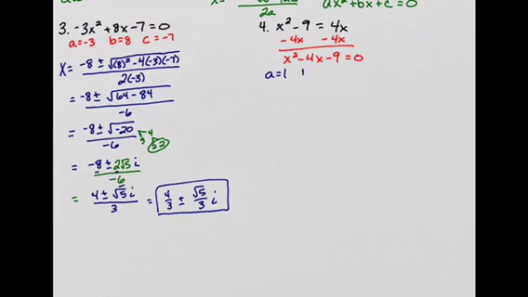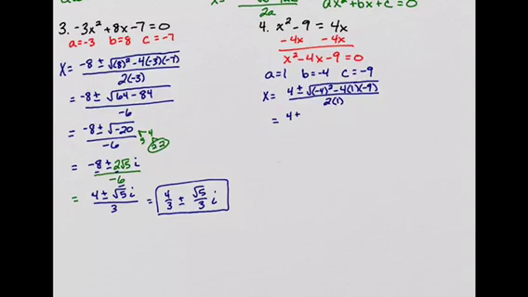So this time a is 1, b is negative 4, and c is negative 9. So when I plug it in, I get negative b, so the opposite of negative 4, or negative negative 4, would be a positive 4, plus or minus the square root of b squared, so I get negative 4 squared, minus 4 times a, which is 1, times c, which is negative 9, all over 2 times a, which is 1.